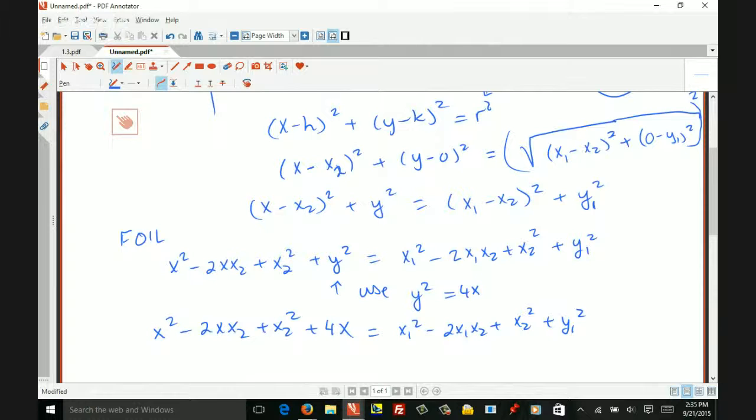Do we have anything that cancels on both sides? Cly was mentioning something. x2 squared. I think that's it. Yeah.